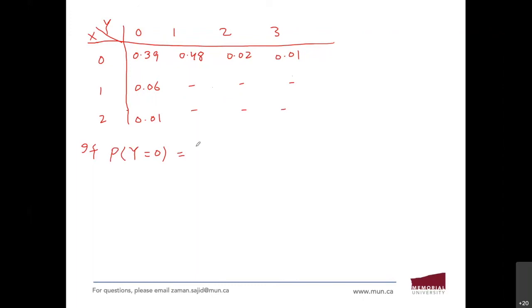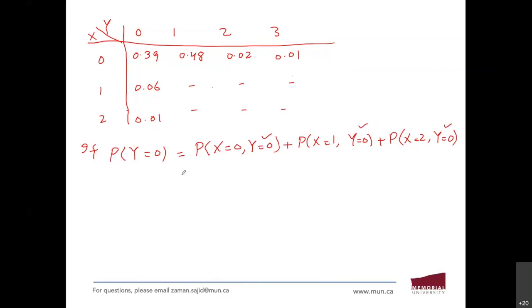So it should be the probability of x equals 0 and y equals 0, plus the probability of x equals 1 and y equals 0, plus the probability of x equals 2 and y equals 0. As you can see, I'm interested in the marginal probability distribution of y at 0. The y at 0 remains the same, but I'm changing my x values.